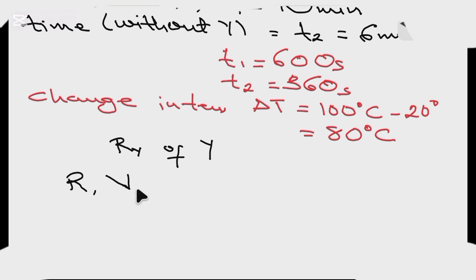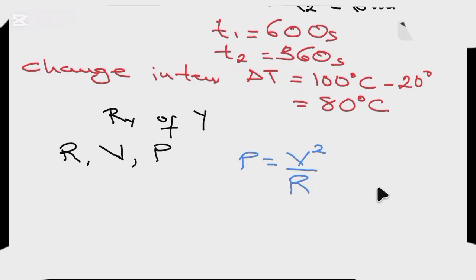And anytime we are talking about energy and time, we are talking about power. The only formula we can have that relates these two is power being equal to the square of the voltage divided by the resistance. This means that I can have a formula for my resistance.